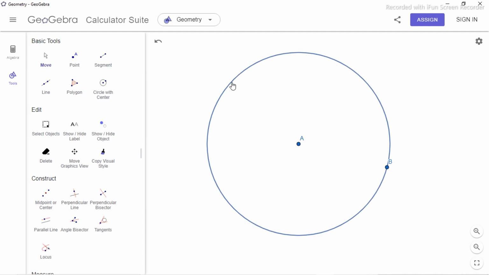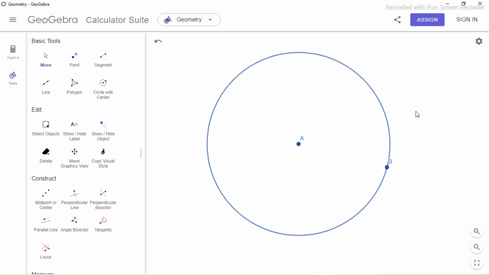This circumference is made up of an infinite number of points that are the same distance from the center. If you do not understand what I am saying, check out the previous video and you'll be able to understand this very clearly. So all those points are what form the circumference. So this blue outline here is the circumference. It's sort of like the boundary, the perimeter of the circle.